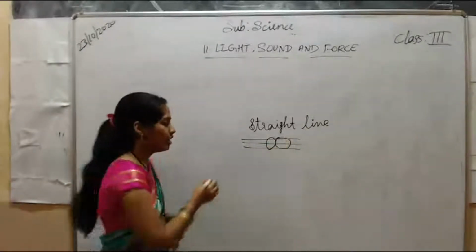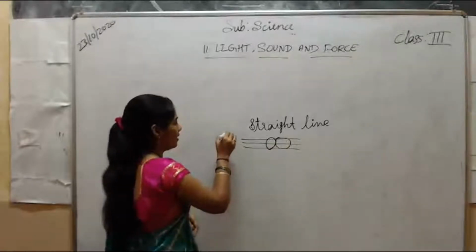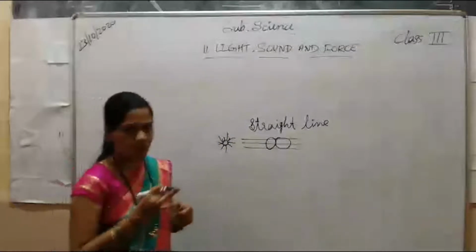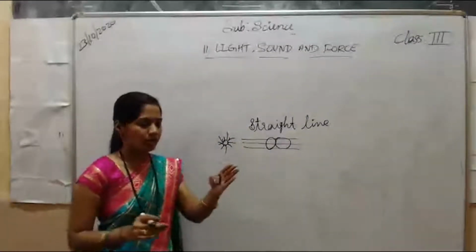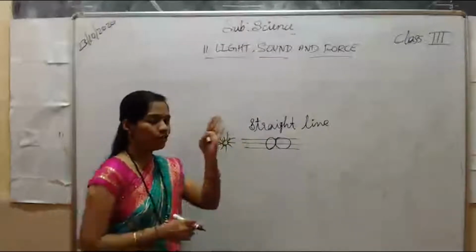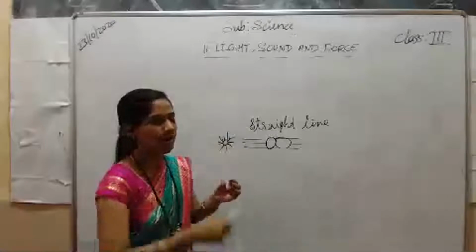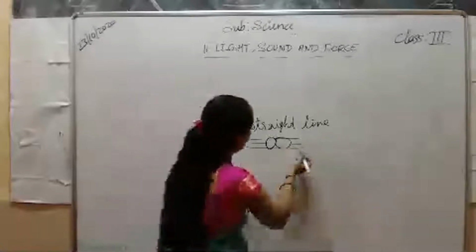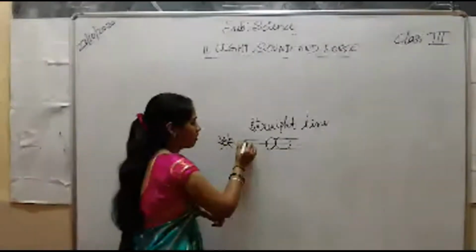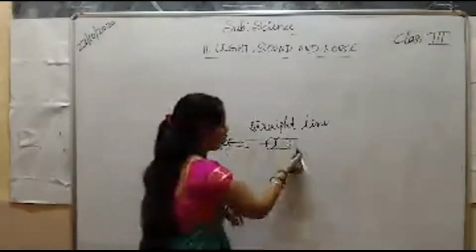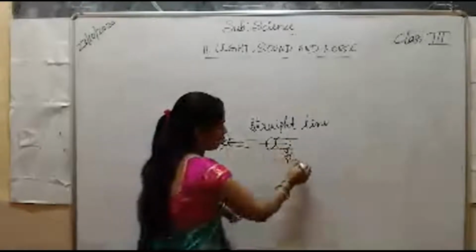If the sunlight is here, the source of light, it may be a torch, a bulb, a mobile light, anything. If you keep any object in between, that object's shadow will be formed on the opposite side of the source of light. This will be the shadow.